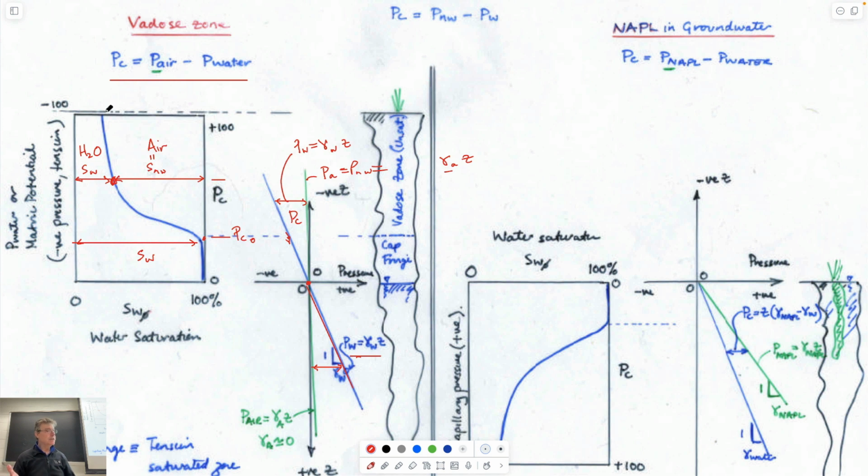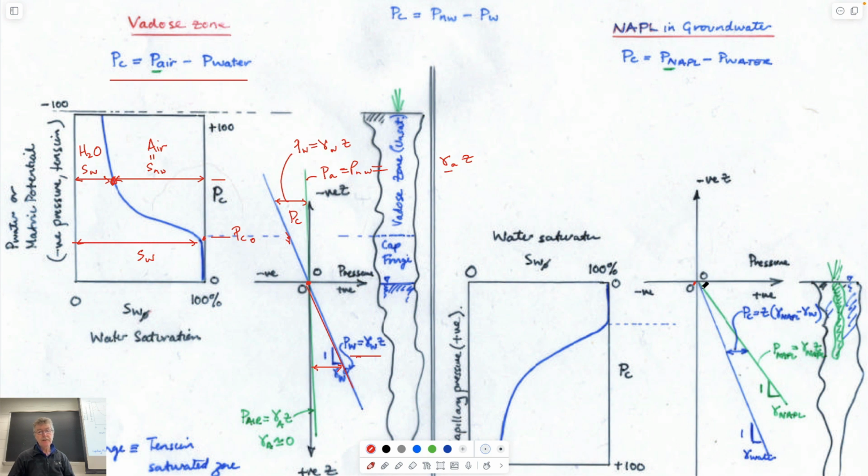The other thing we can do is turn the curve upside down and look at what it would look like if we have the groundwater surface here, saturated to the water surface, and we play the same game. So we go down from the water surface, which we're going to call the water table. If it's water, the pressure will increase as the unit weight of water.